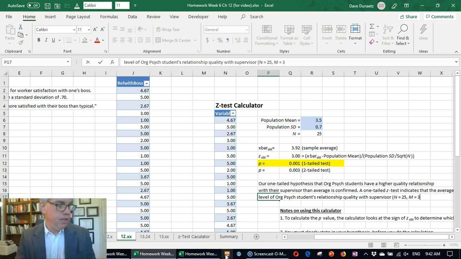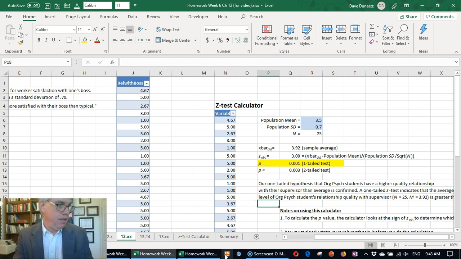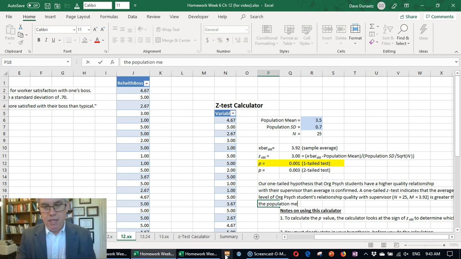Mean equals 3.92 is greater than, let's go to the next line, the population mean. And so this is what we had and were given. Control I, Shift M, Control I. For the population, the mean equals 3.50.